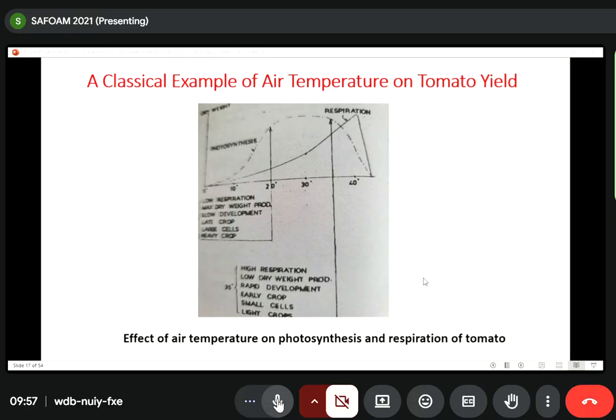This is a very interesting thing, and shows how important temperature is. Here we have shown tomato, but this is for any crop. This chart is also available for other crops.